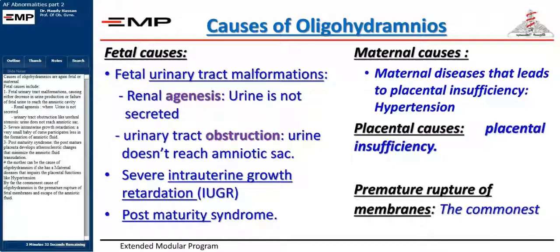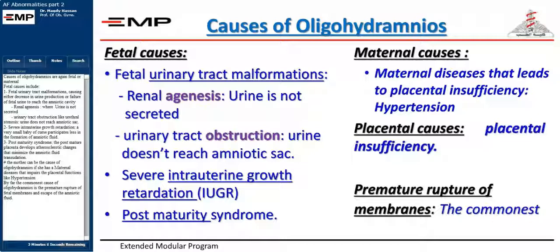Urinary tract obstruction like urethral stenosis, urine does not reach amniotic sac. 2. Severe intrauterine growth retardation, a very small baby of course participates less in the formation of amniotic fluid. 3. Post-maturity syndrome, the post-mature placenta develops atherosclerotic changes that minimize the amniotic fluid transudation.